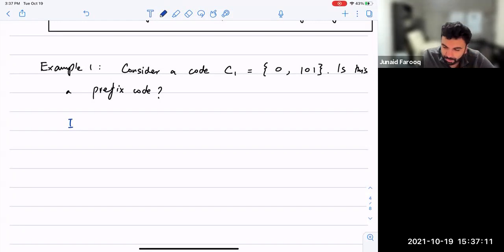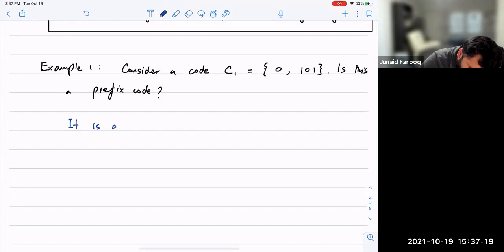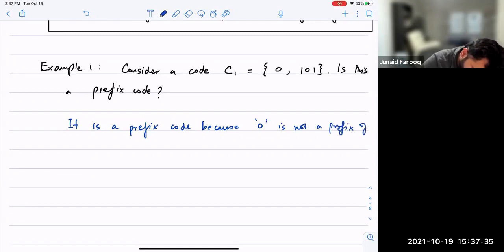But sometimes it may be hard to see if there are a lot of code words. So in this case, it is really a prefix code because 0 is not a prefix of 101.